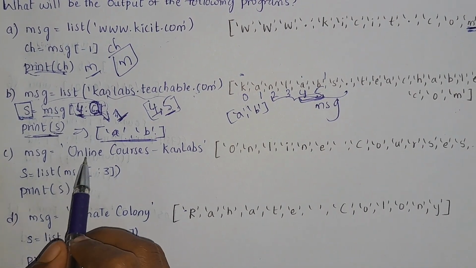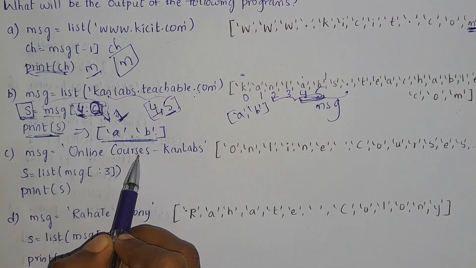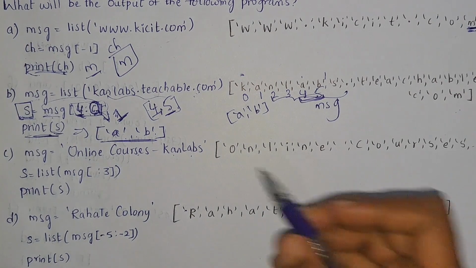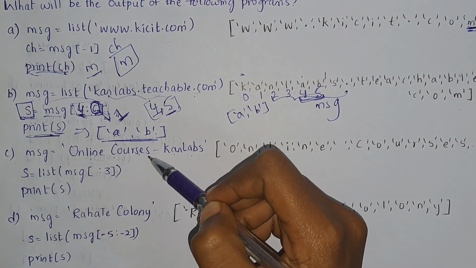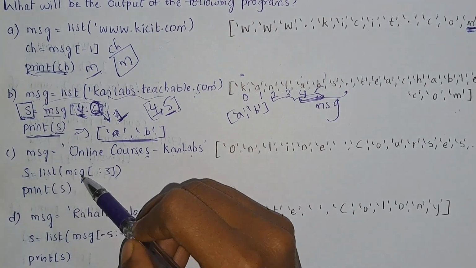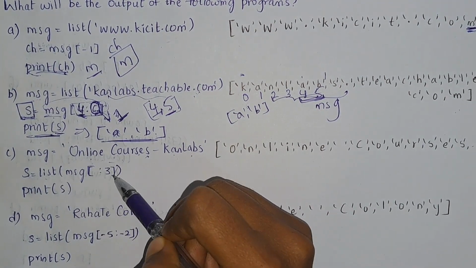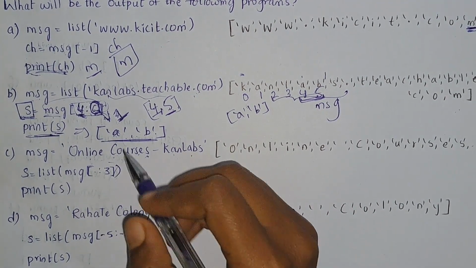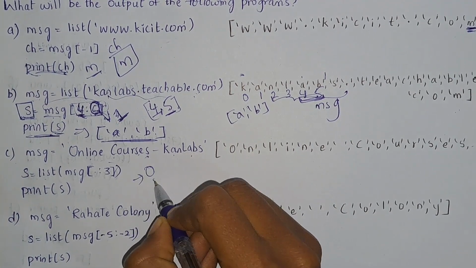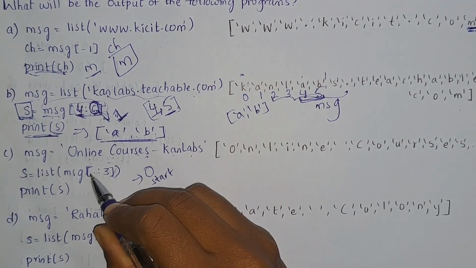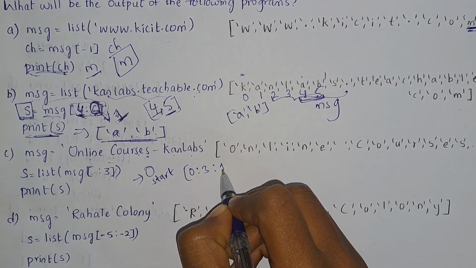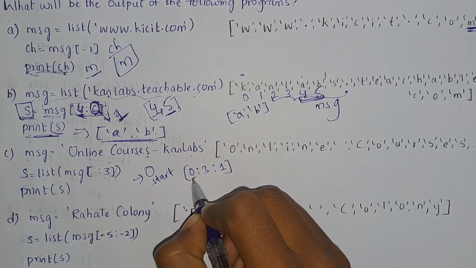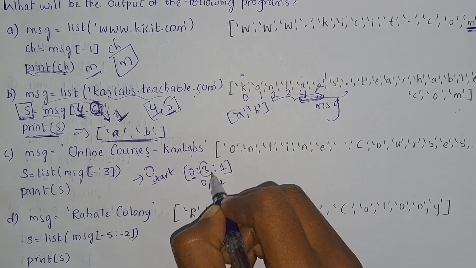And the next one, if you take the message as online courses Can Labs, this is a string. Now here you are taking the list message of some particular range. So here if it is not given, then by default it is 0, that means start. So here you are starting with 0 and 3, and by default the step is 1. So here 0, 1, 2 and 3 is exclusive.